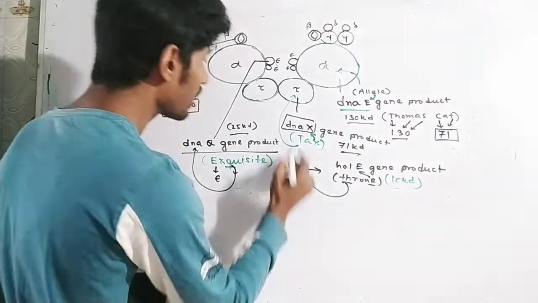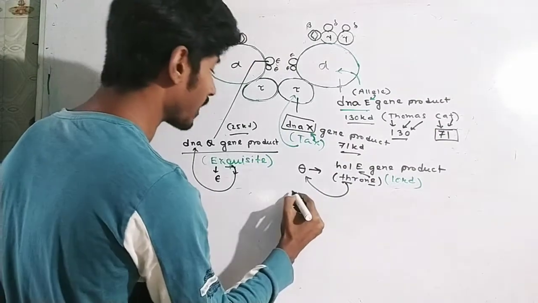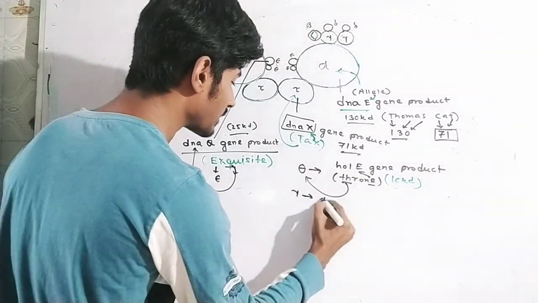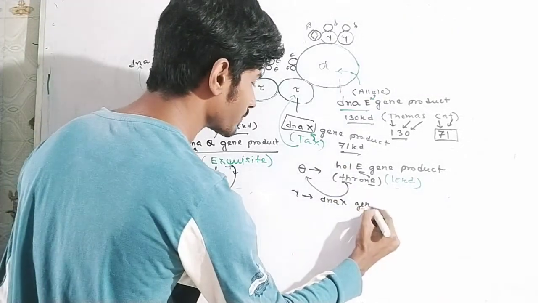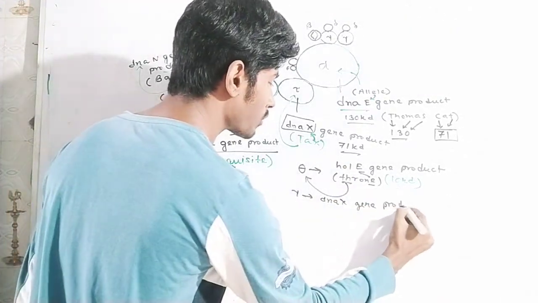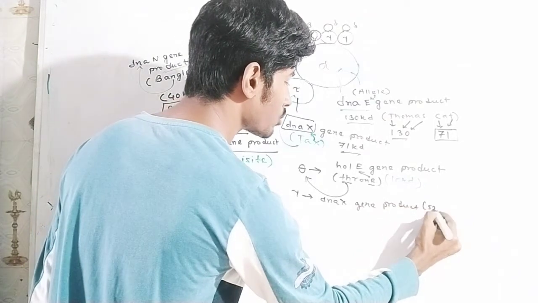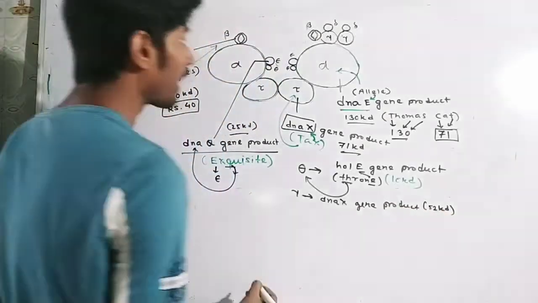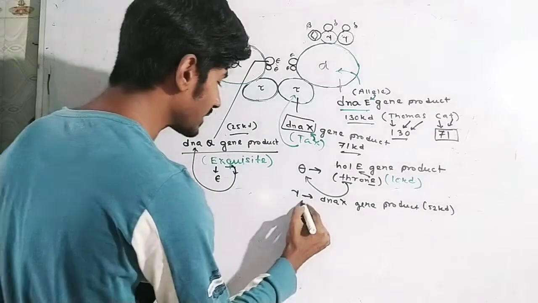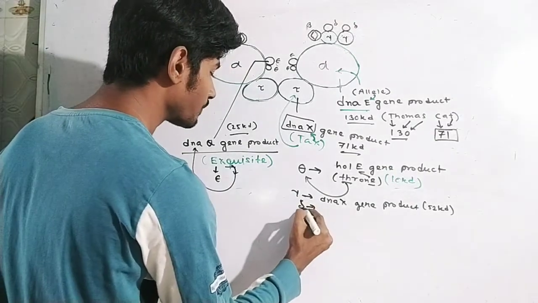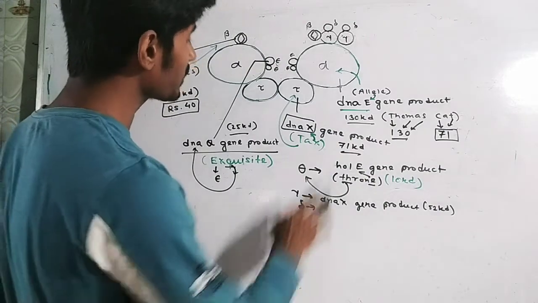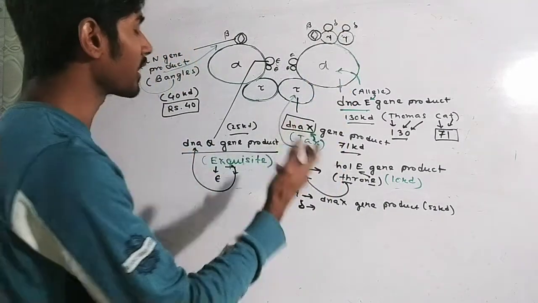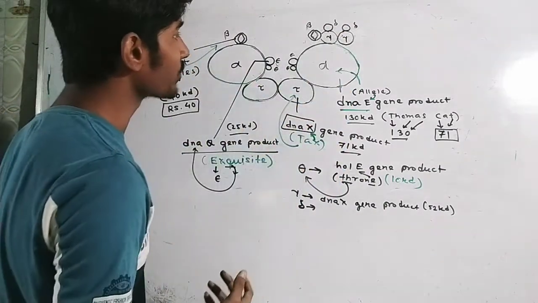So the gamma subunits are actually DNAX gene product, and they have a molecular weight of 52 kilodalton, and the delta subunits are also associated with the gamma subunits and helping it to perform its function.